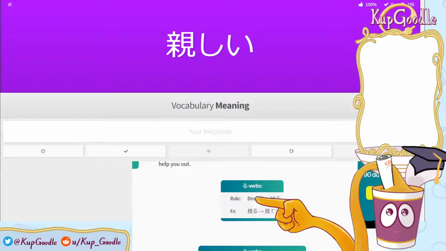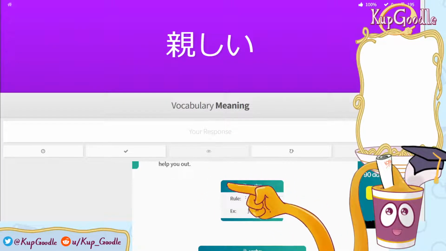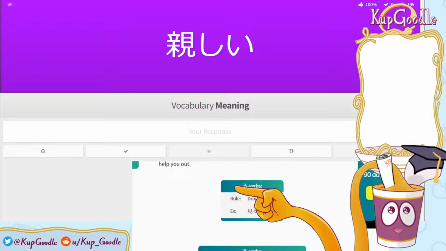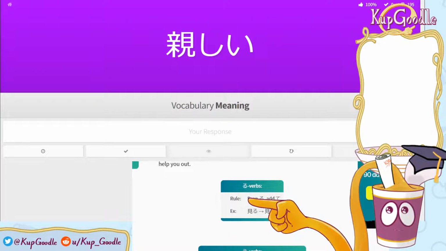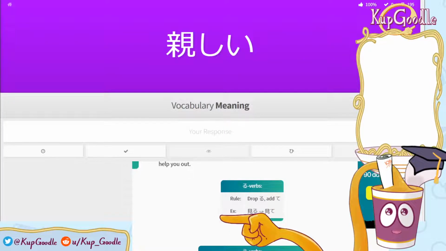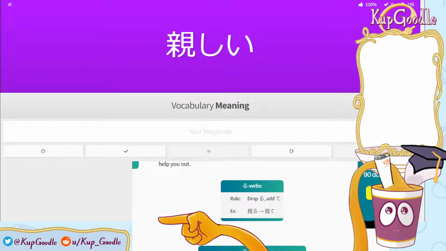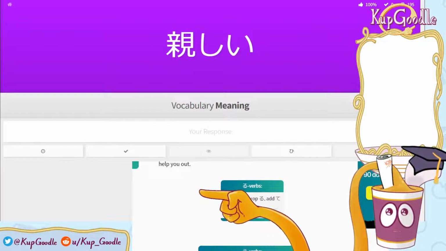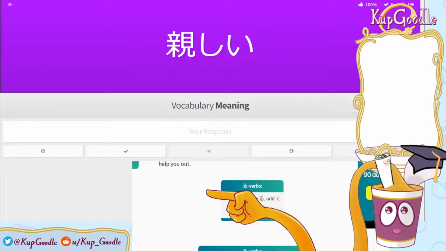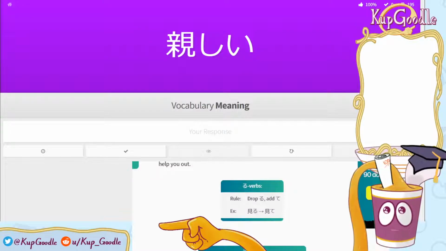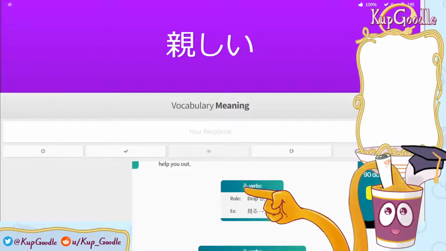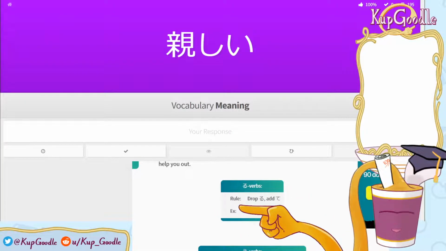The rule: if they are a ru verb, an ichidan verb, then you just drop ru and add te. Simple enough. Just like making the past tense: taberu, you drop the ru, add ta, tabeta. Ta is past tense, nda is past tense, and te, nde is doing.